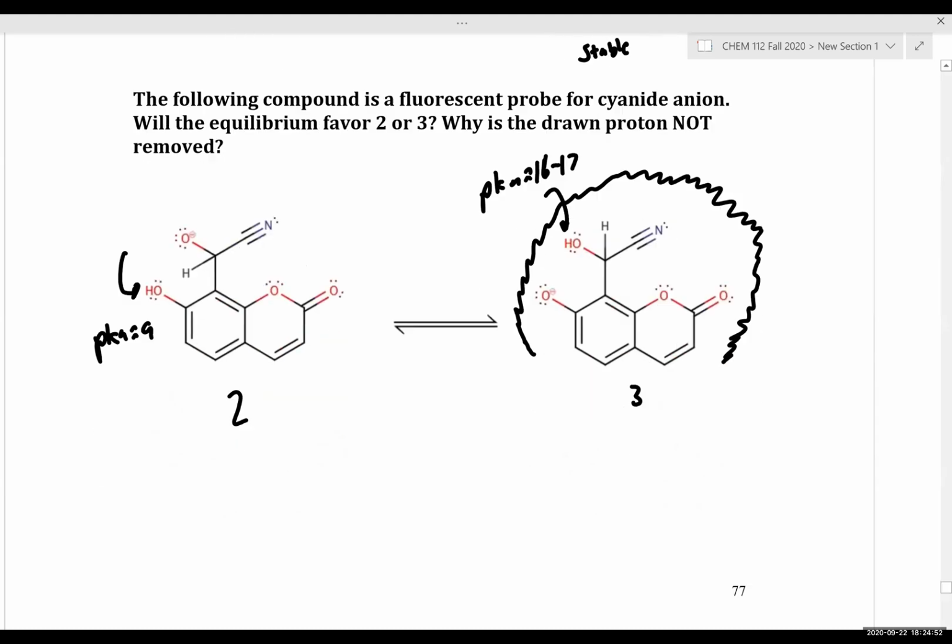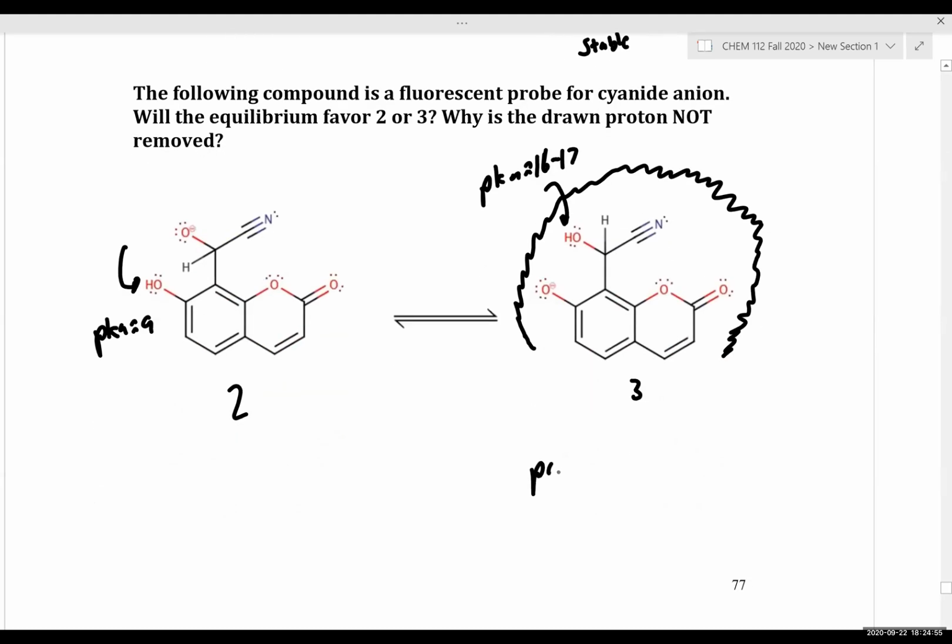It would be product favored, exactly. And that's why this probe actually works, because after attack of cyanide, this anion is more basic than our conjugate base. So it undergoes a proton transfer to generate this conjugated anion, which when excited is capable of emitting light, undergoing fluorescence.